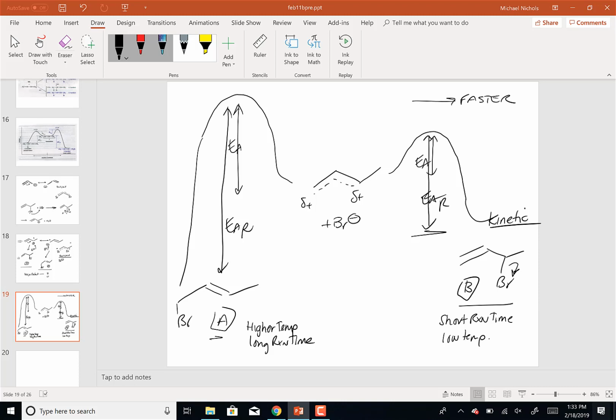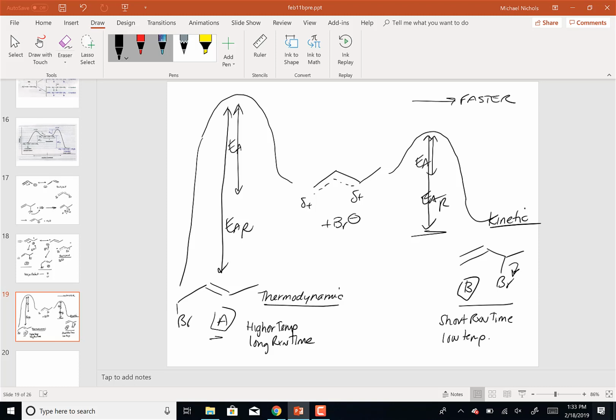What's the most stable product? I'm going to call that the thermodynamic product. So I'm going to end up with a thermodynamic product and a kinetic product.